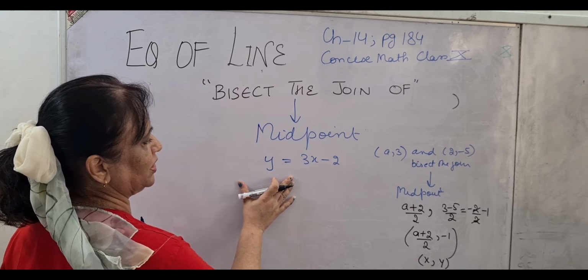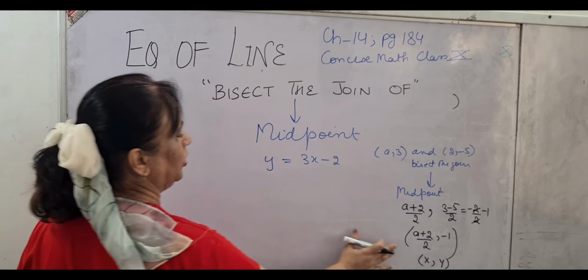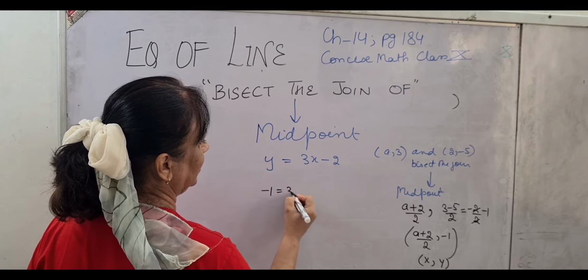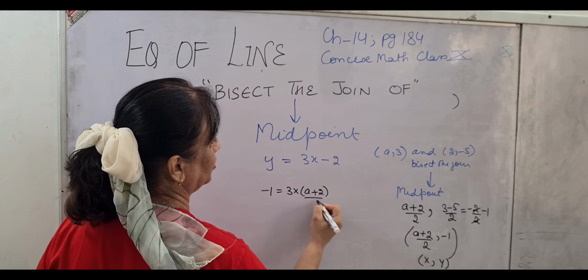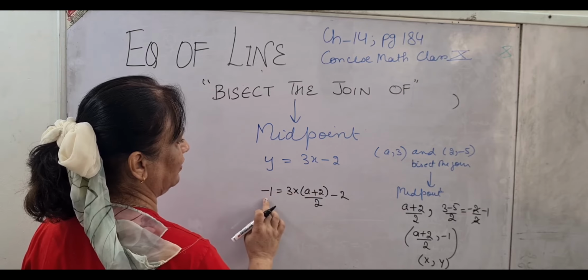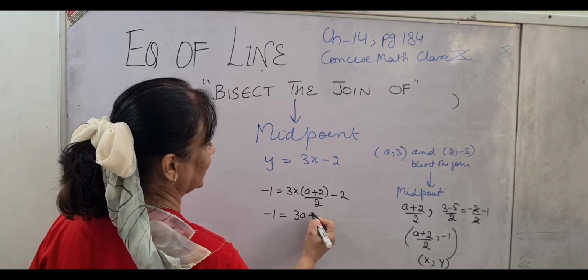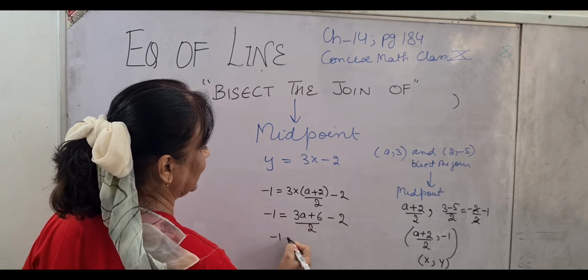Put them in the given equation, the same as we did in the first question. Y means minus 1, 3 into x means a plus 2 upon 2, minus 2. I substituted the values of x and y. Now minus 1 equals 3a plus 6 upon 2 minus 2. Please take the LCM.